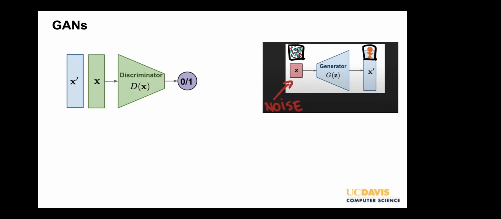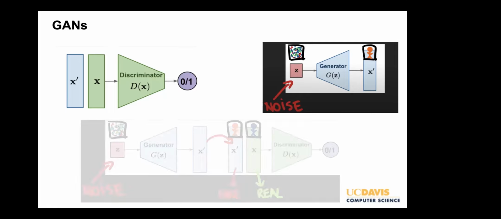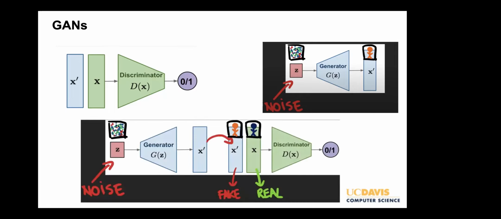The success of this generator is rated by the discriminator, who labels the image as being either a true image coming from the training set or a fake one synthesized by the generator. So a GAN is based on two neural networks working against each other. That's the name adversarial.